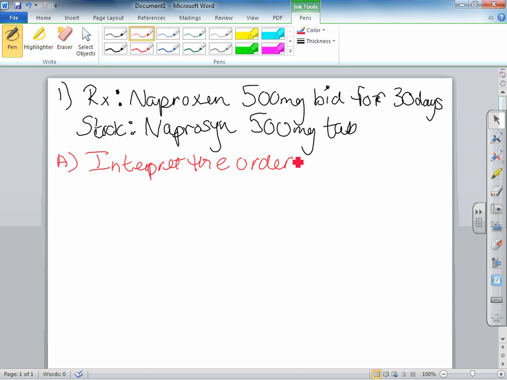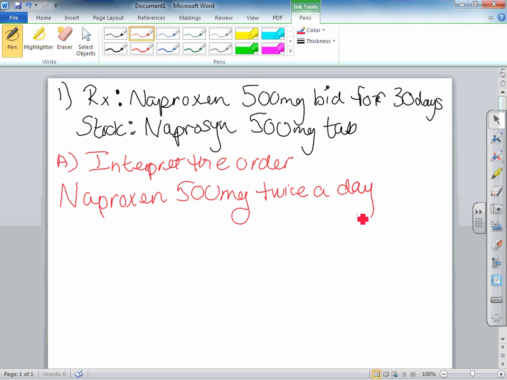So it says for us to interpret the order. Remember, when it asks you to interpret the order, you are to basically read the order as you see it. So I interpret the order to say naproxen 500 milligrams twice a day for 30 days.